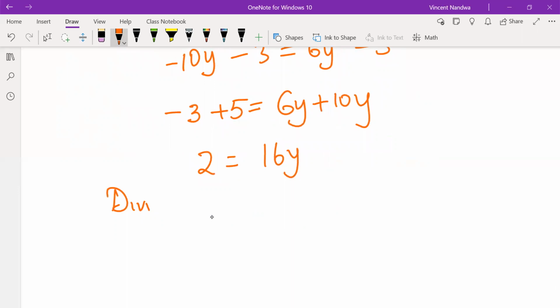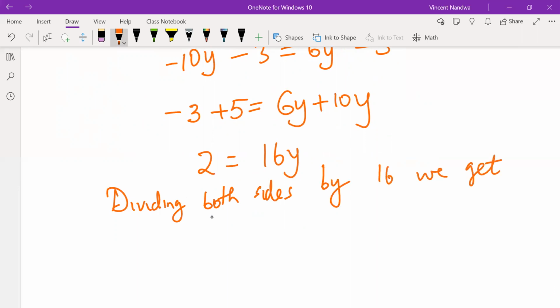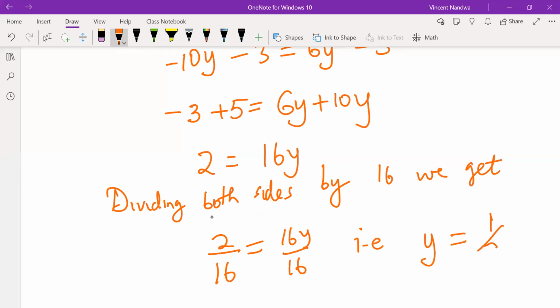So dividing both sides by 16, we get 2 over 16 equals 16y over 16, which gives y to be 1 over 8. So 16, 1, 1, 1, and then 8. So therefore, y equals 1 over 8 is the solution to that problem.